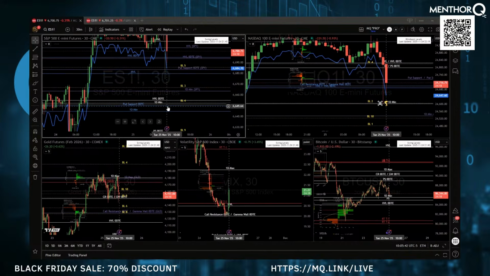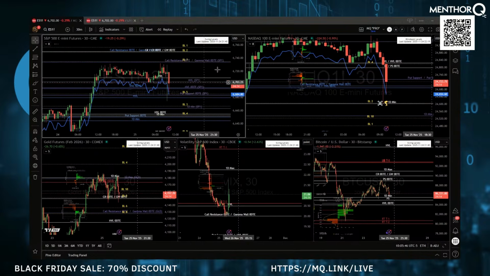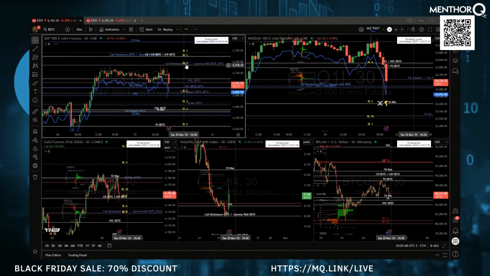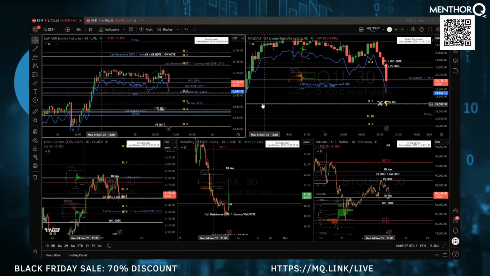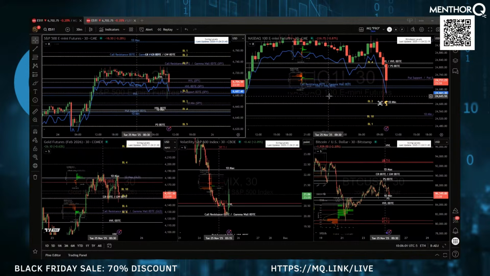HVL 0 DTE, one day mean, blind spot 4, so be careful. Right now it looks like we have 50 points to the upside or 50 points to the downside as the main targets. Or plan C, we will stay in the range at this price and perhaps nothing happens later.